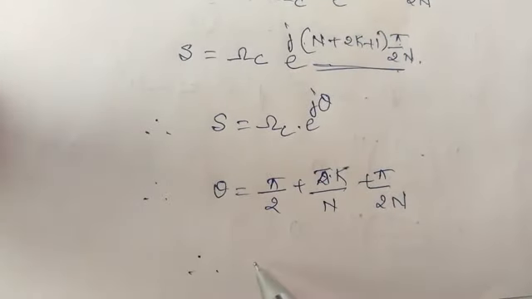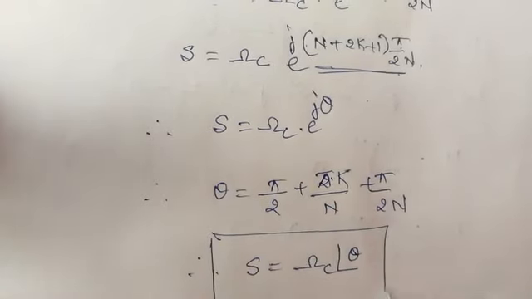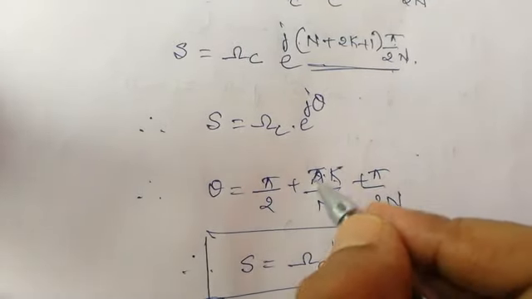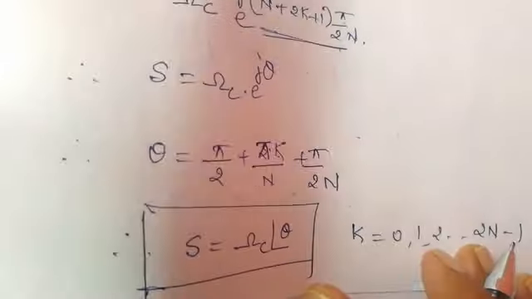Hence in concise we can write s equal to omega c angle of theta. This will give the poles for the Butterworth filter, where the value of k varies from 0, 1, 2, 3, so on to n minus 1.